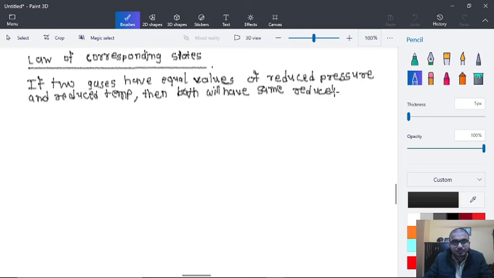So here VR can be written as a function of PR and TR.